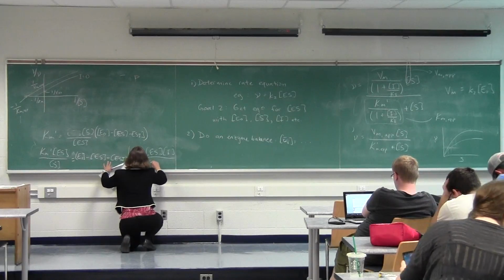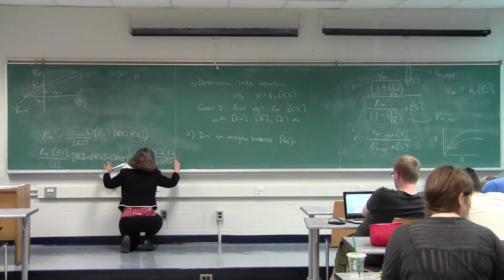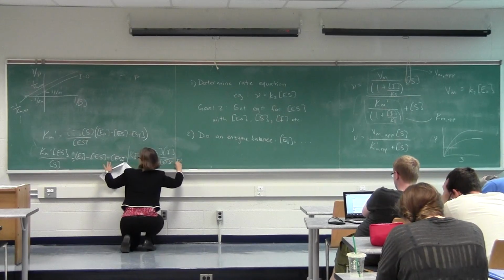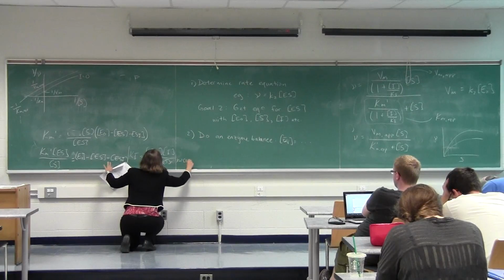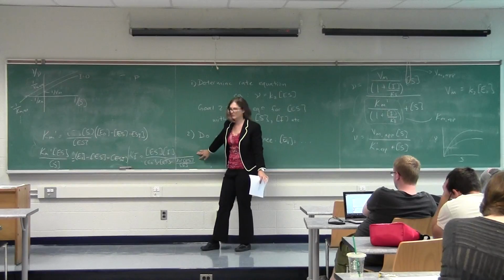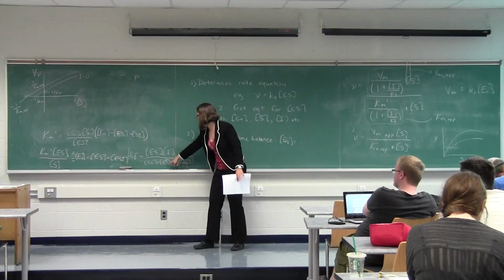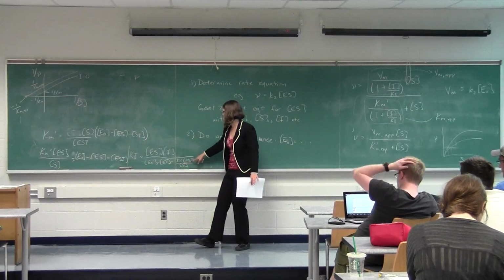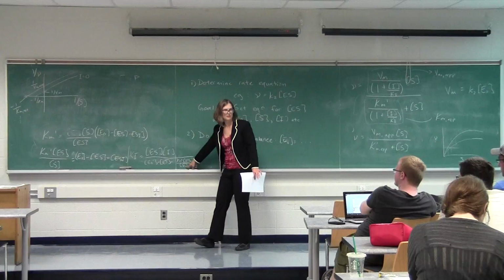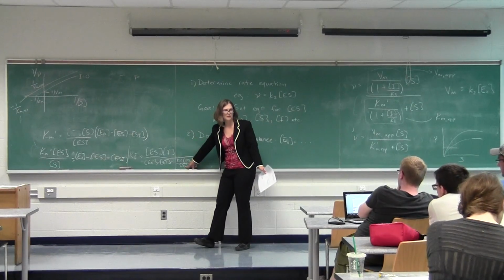E naught minus ES minus Km prime ES over S. That's got KI, ES, I, ES again, E naught, ES, and S. So now we've got all the tools that we need to put everything in terms of ES.